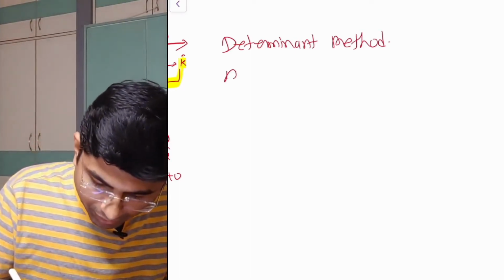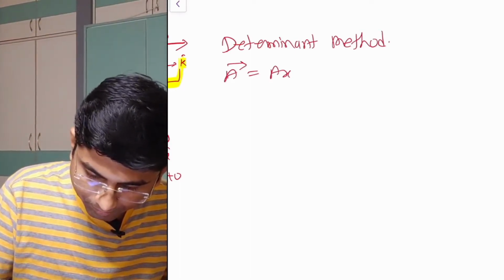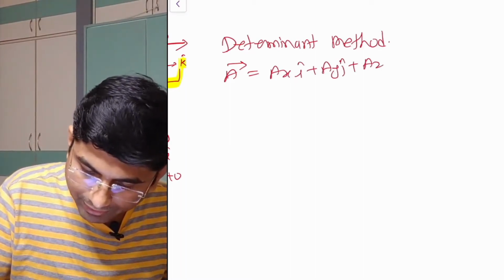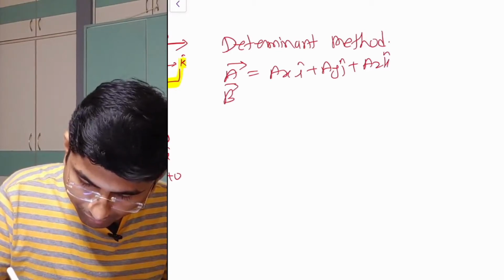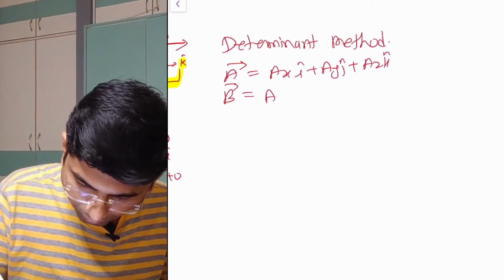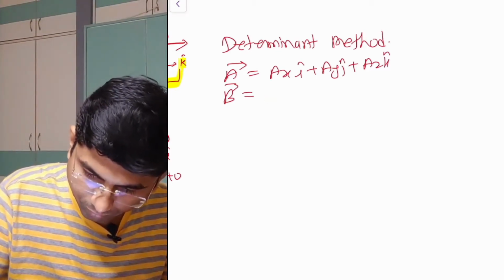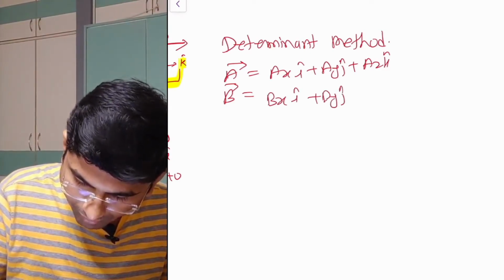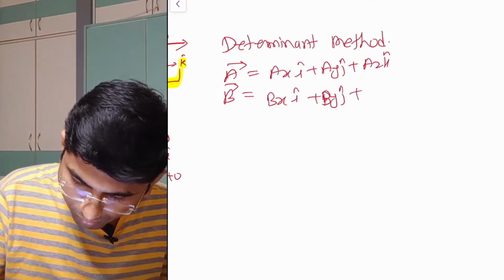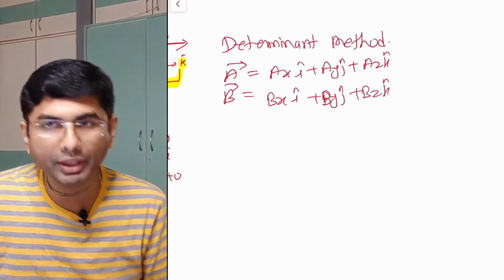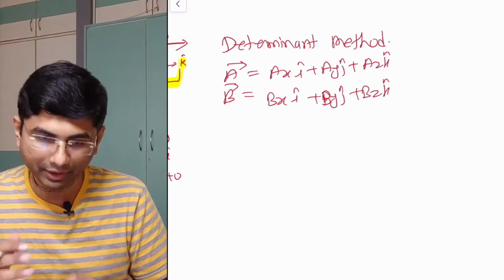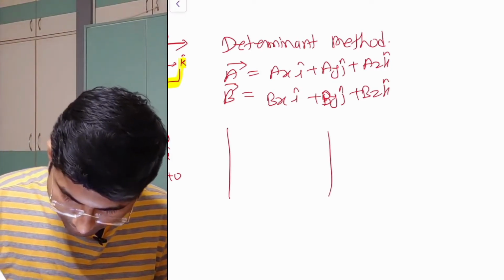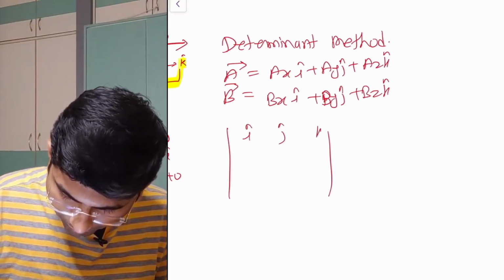In the determinant method, the first vector I am having is ax i plus ay j plus az k. Second vector is bx i plus by j plus bz k. These two vectors I am having. Now I am arranging them in terms of a matrix. First I am writing i, j and k.